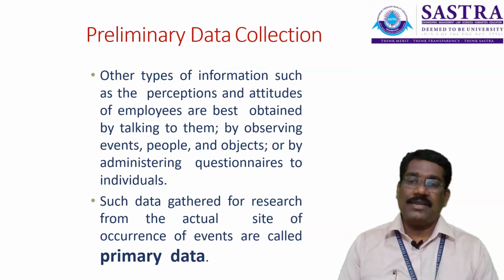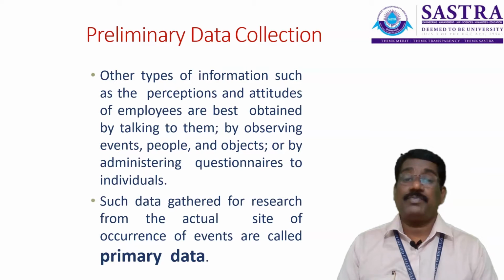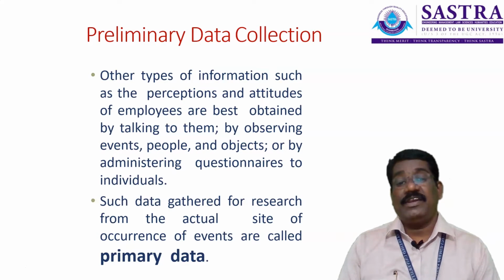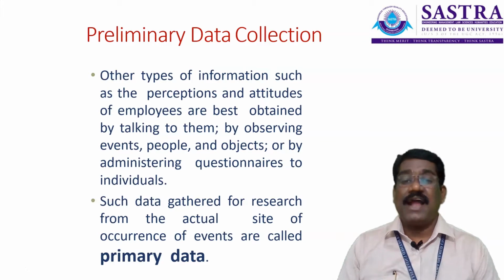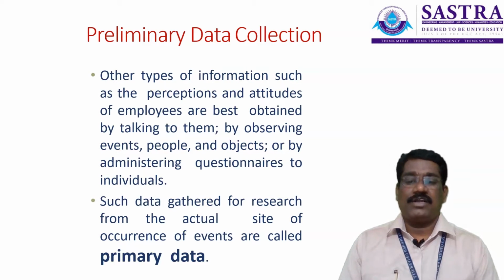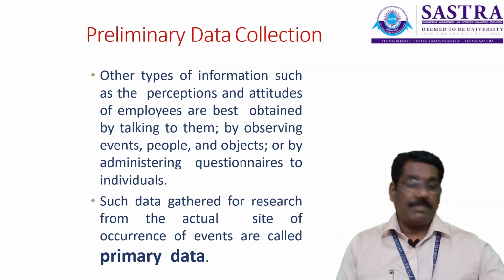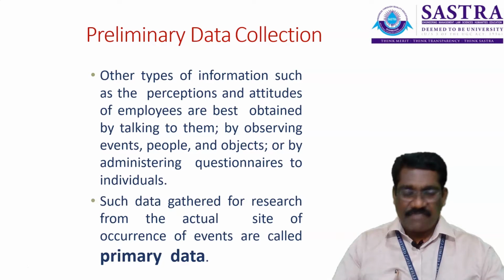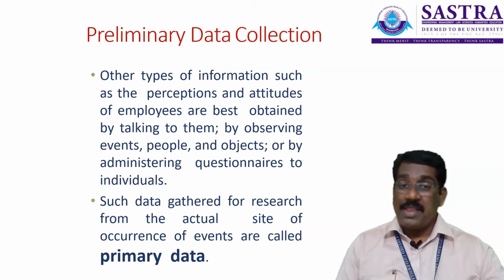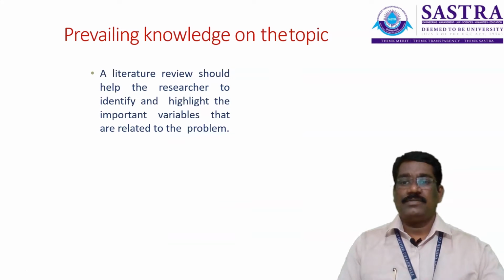Through that you can collect very specific, current data, which gives you great information pertaining to that problem. Such data gathered for the research from the actual site of occurrence of events are called primary data. This primary data and secondary data will definitely help you to build your research framework or conceptual framework.